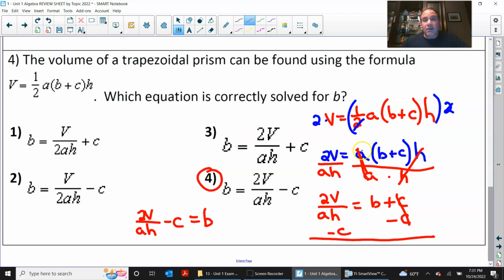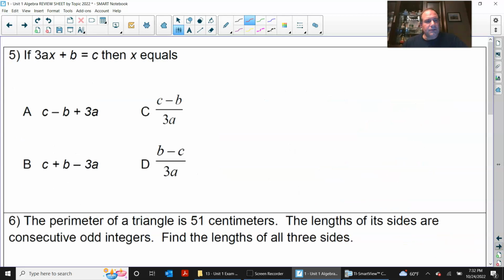You can't. And then when you divide by the A and the H, they both cancel, and then the B and the C are kind of like just there alone. And now you could subtract the C on both sides and get the B alone. And that's really how you do that one.